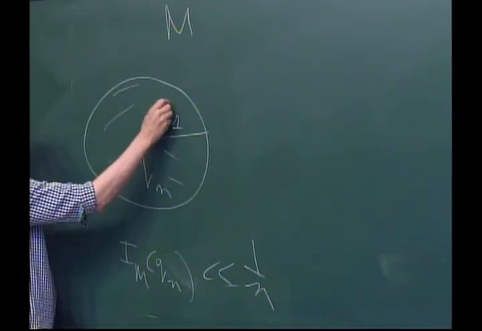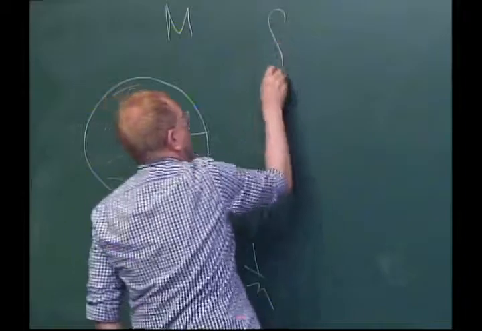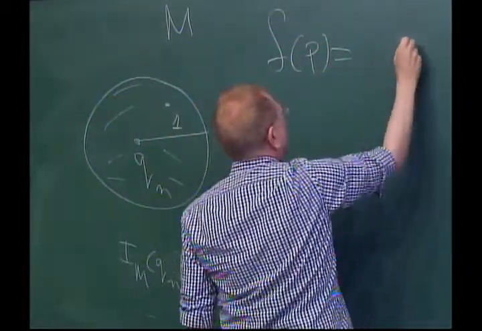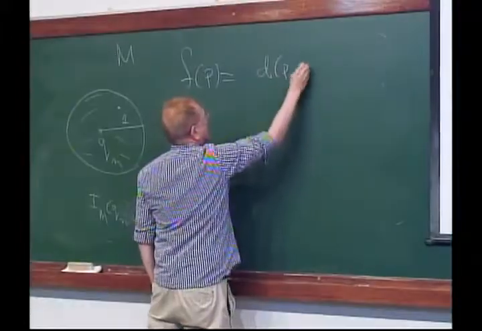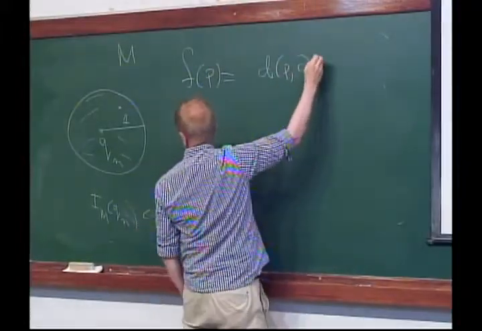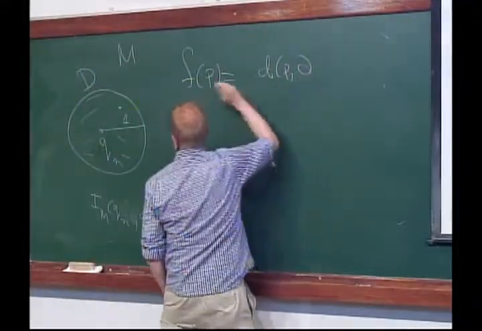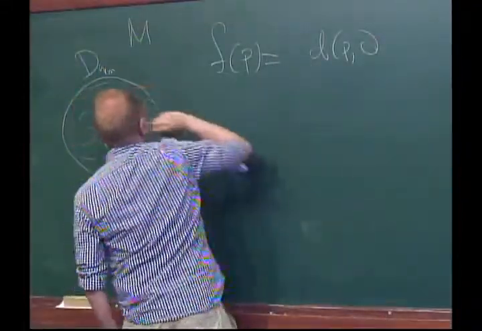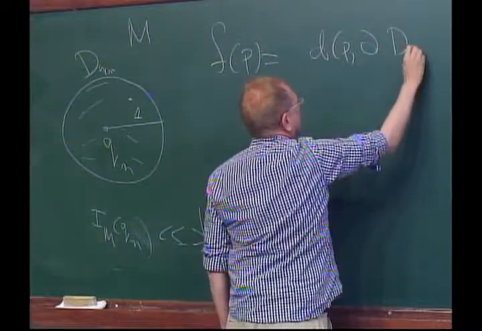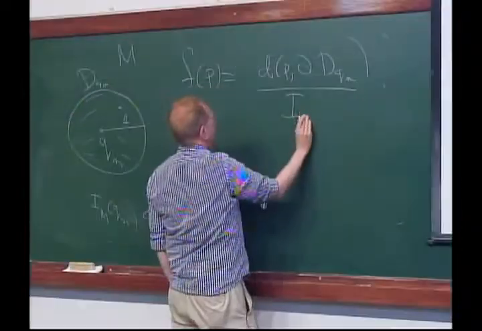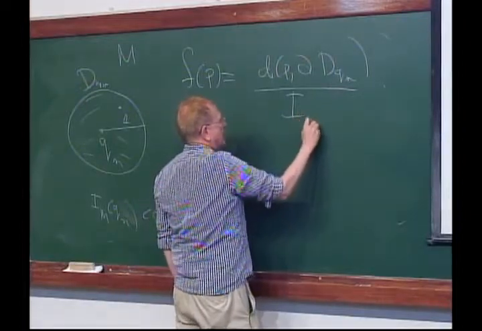And if you remember, you write down a function f of p equals the distance from p to the boundary of this, I'll just call it D, it depends on the point, D_Qn, divided by the injectivity radius function, I sub M of p.